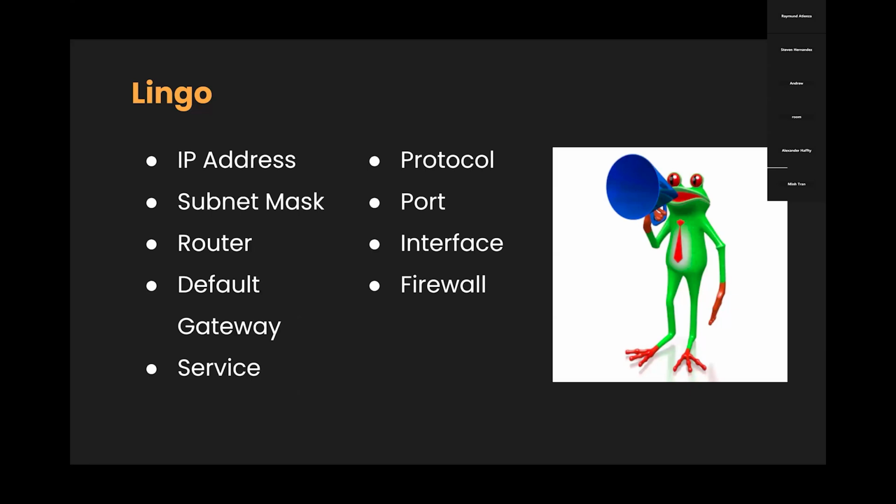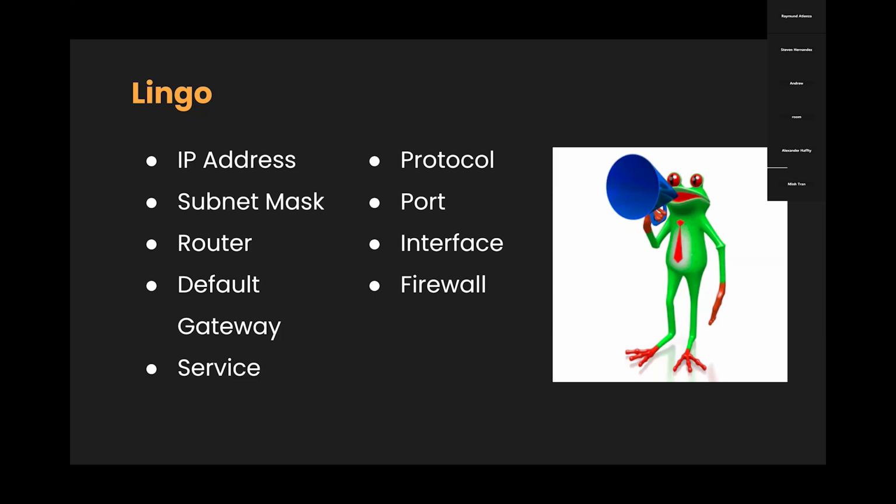You have services, and that's just something that you can request to get information from. For example, you can request a web page from a web server, and that would give you your web page. We have protocols, which are just ways that data is formatted, how it looks, and how it's validated. We've got ports. If an IP address is a house, a port would be a room.